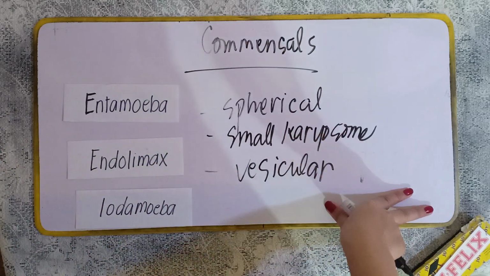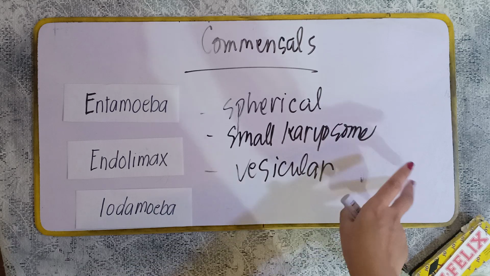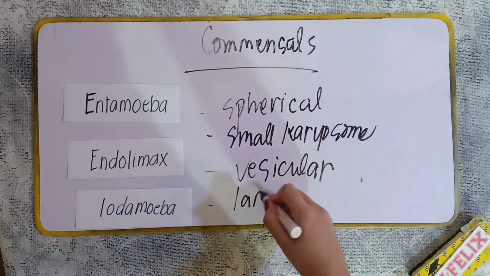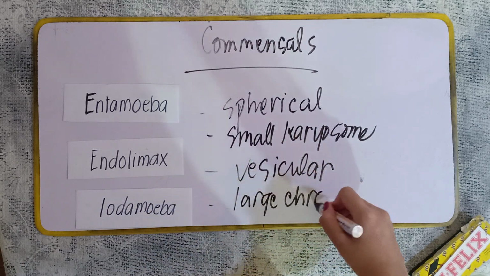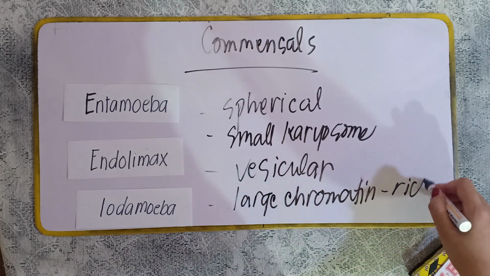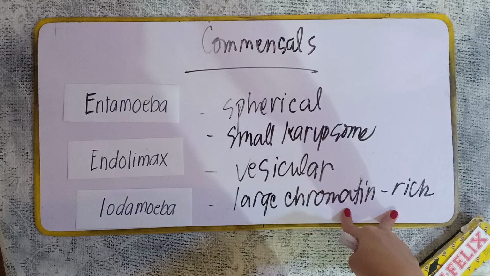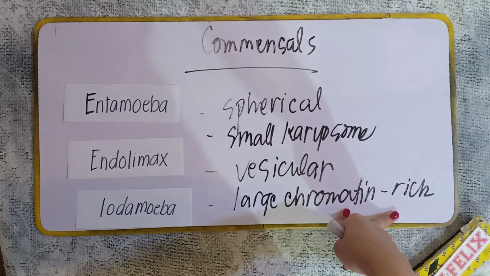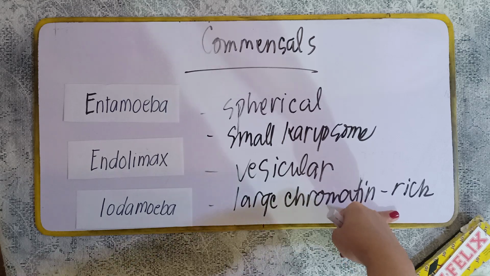The Iodamoeba naman class, they are characterized by a large chromatin-rich caryosome, surrounded by a layer of achromatic globules and anchored to the nuclear membrane by achromatic fibrils.